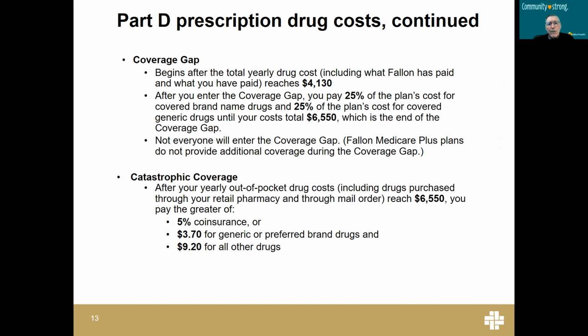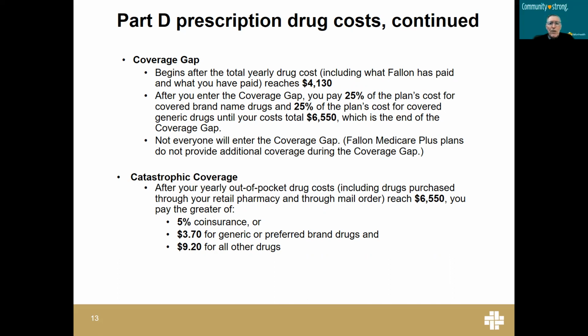Now, not everyone will reach that coverage gap. Please keep in mind that during that coverage gap, the insurance company is picking up 75% of the cost while you're paying 25%.